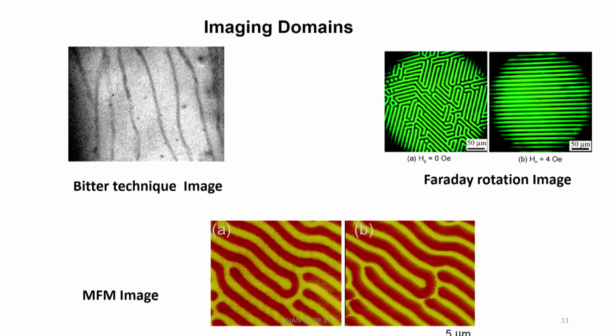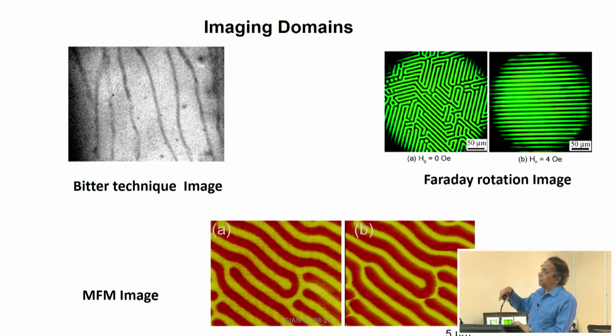There are other ways to do it, and people used to use the Bitter technique. What you do is you take Fe3O4, which is a ferrite, and just dissolve some of it in alcohol. Then you polish the sample pretty well, and then disperse this magnetic particle on top of it, and they will orient in the direction, because if there are domains, there is a domain wall separating 2 domains.